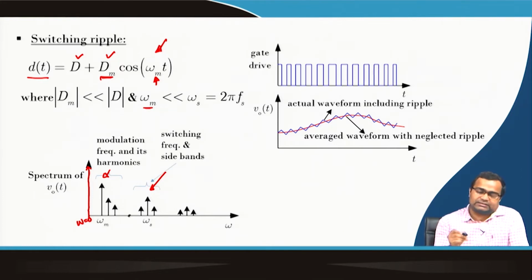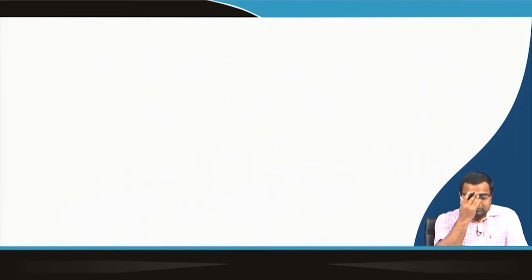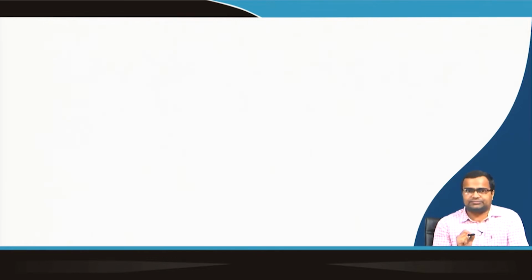Similarly, we get the switching frequency component and the harmonic content corresponding to the switching frequency, and around that harmonic content also you will get side lobes. Since we are considering omega m to be very much smaller than the switching frequency, these lobes are very close to each other, and we are particularly interested in this frequency, which is the excitation frequency or the modulating frequency.